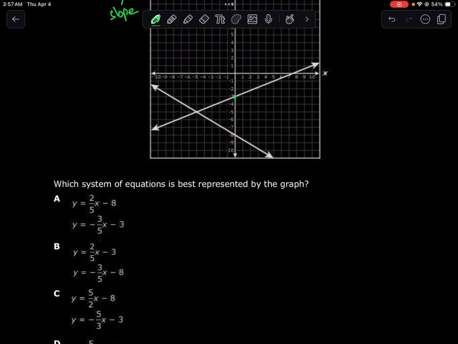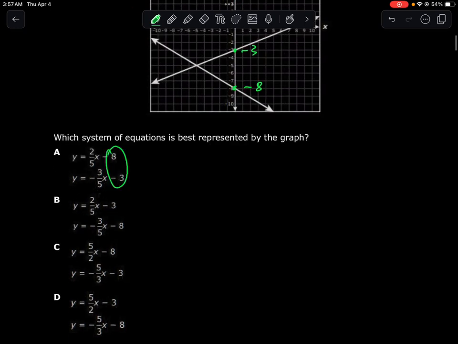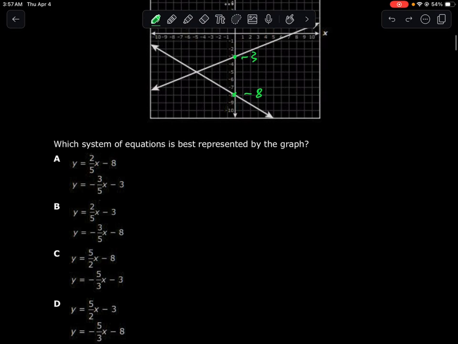The y-intercept is -3 and -8. Now I see that all the answers are of the form y equals mx plus b. So the y-intercept is basically what's at the end. In all of them it is -3, -8, -3, -8, -8, -3.